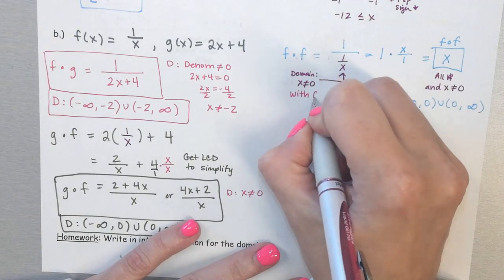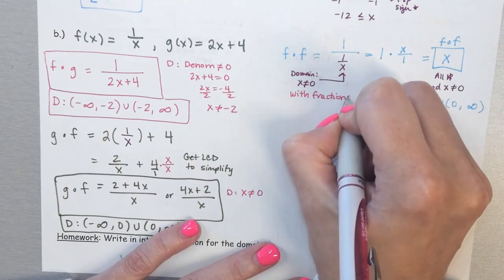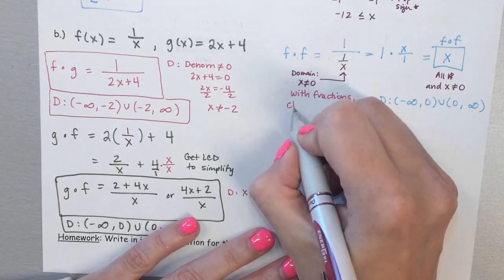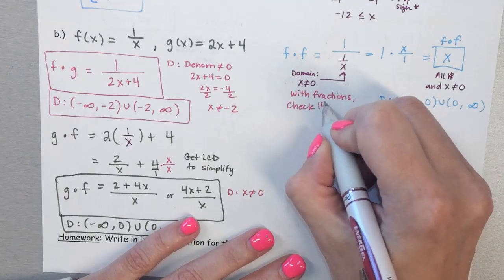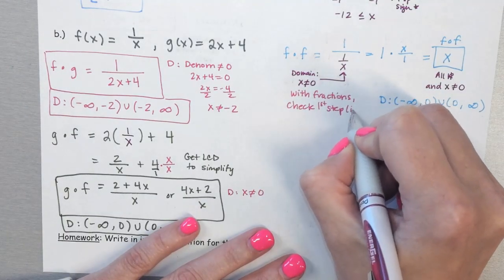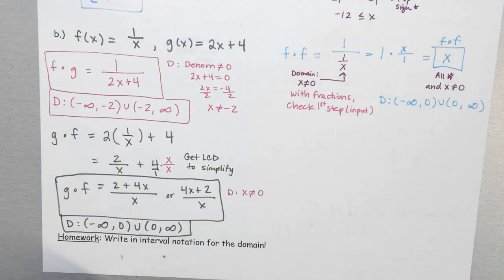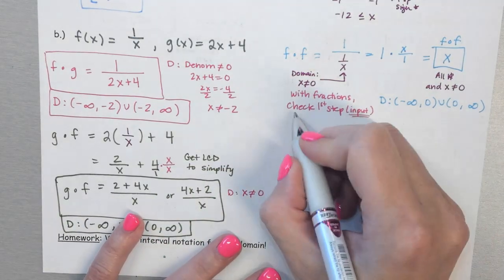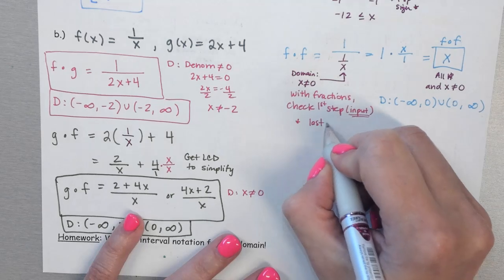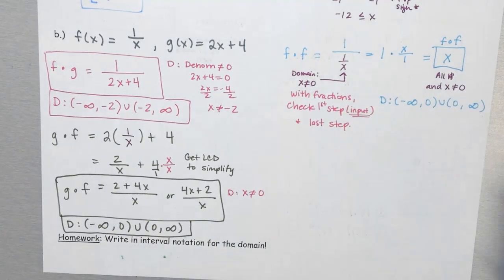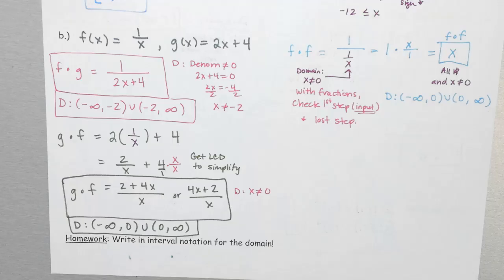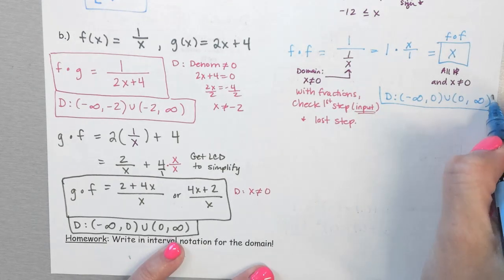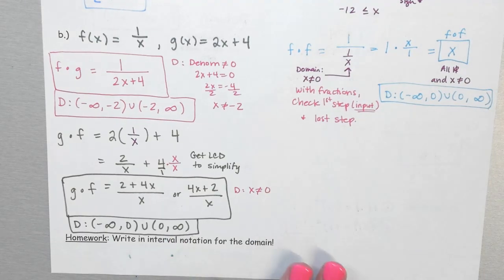So a good rule of thumb is with the fractions, you're going to check the first step, which is where you do the input or the substitution, and the last step. Because sometimes you might have a different fraction in your last step and you'll have to check that too. Okay, so there's many different situations for this. We want to make sure we get our practice in, so we see some different ones here.